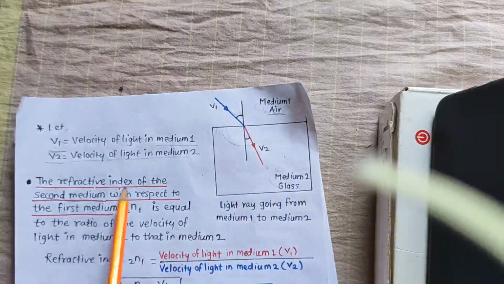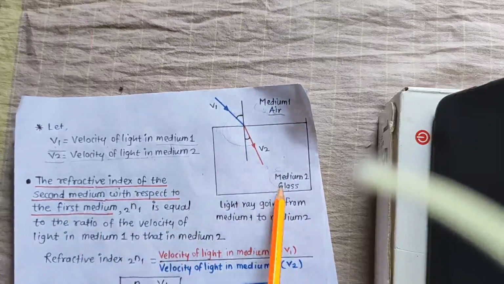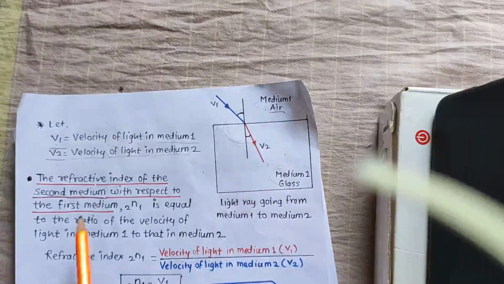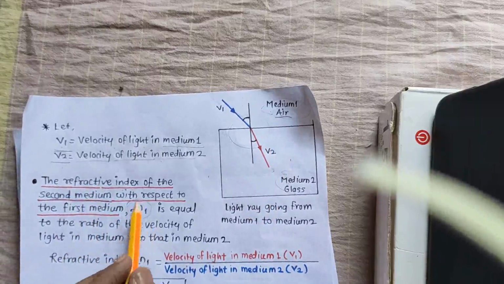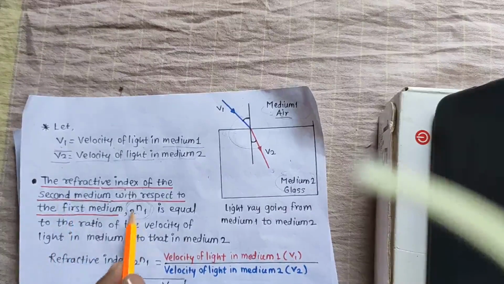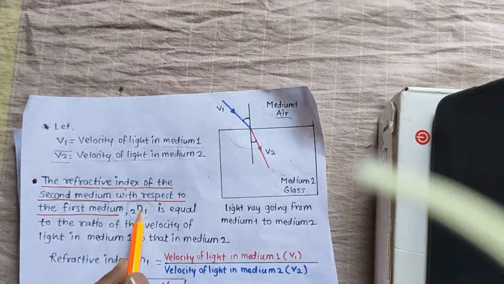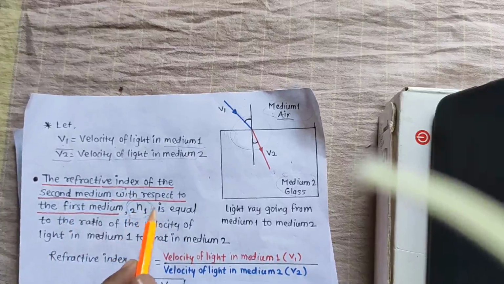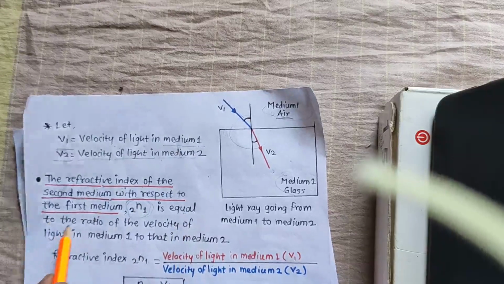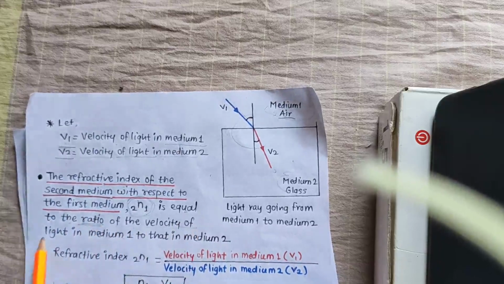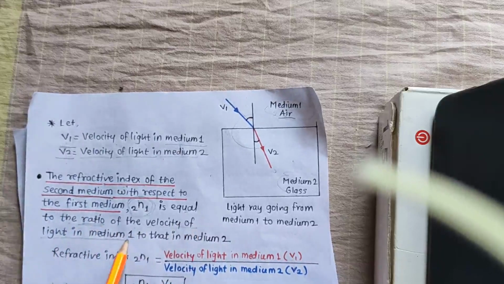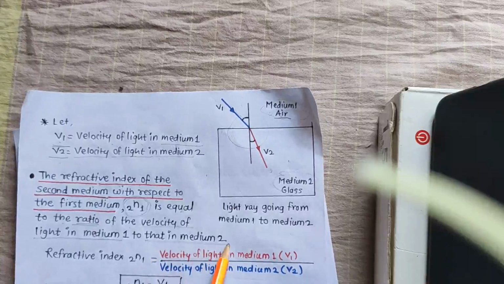The refractive index of the second medium, glass, with respect to the first medium, air, we show with the letters 2 and 1. The refractive index of the second medium with respect to the first is equal to the ratio, that is the division, of the velocity of light in medium 1 to that in medium 2.